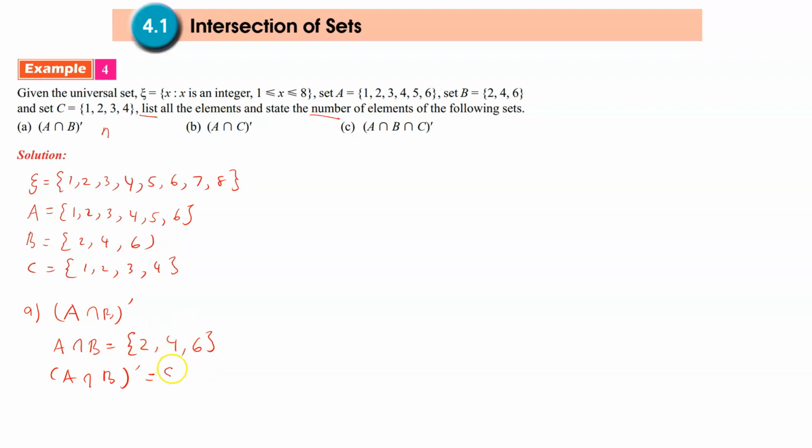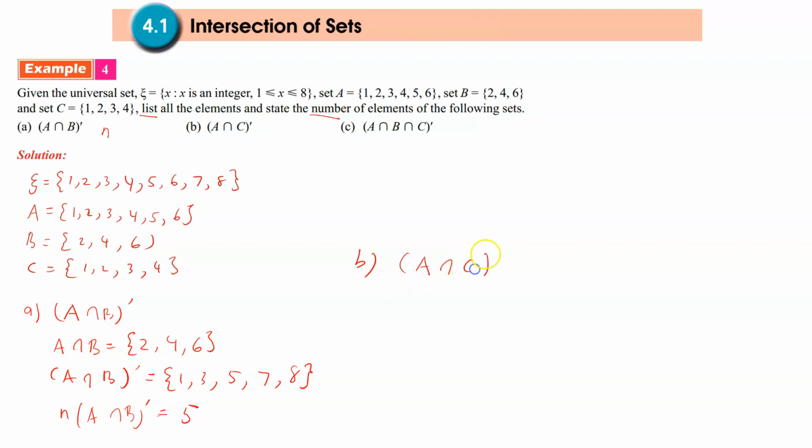Itu maksud complement. Apa yang tak ada 2, 4, 6, kita ada 1, 3, 5, 7, 8. So, number of elements A intersect B complement is 5. There are 5 elements.